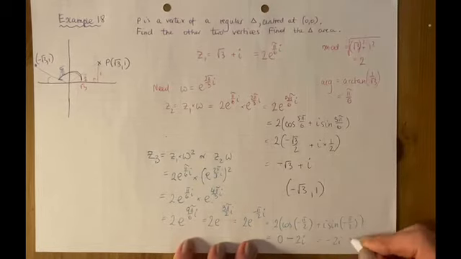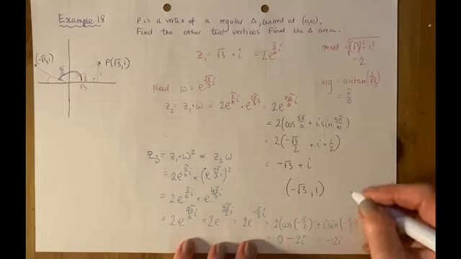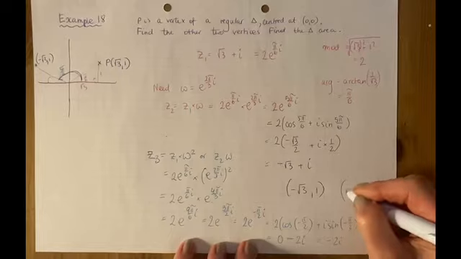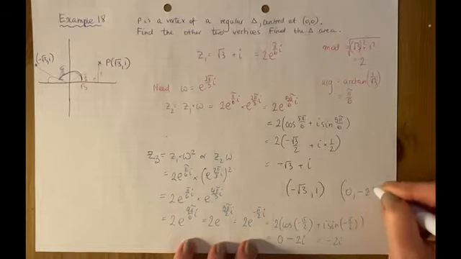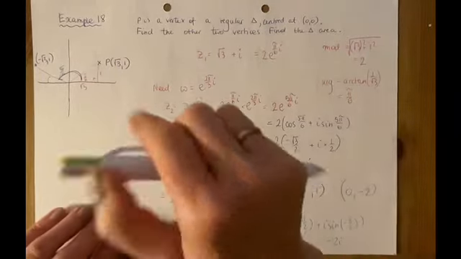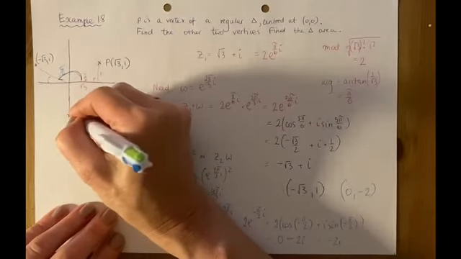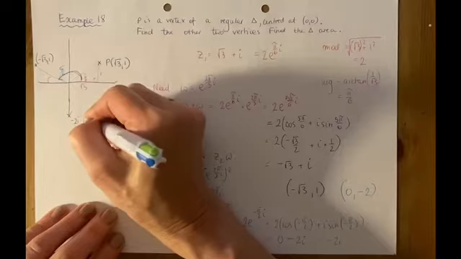So the coordinates of the third vertex are 0, minus 2. So there you go. So the coordinates are 0, minus 2.